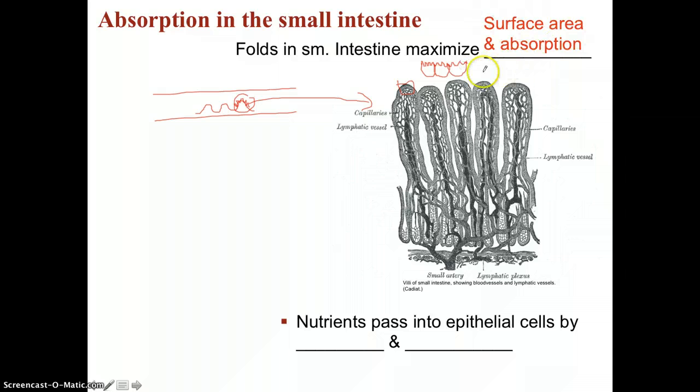The whole point of all of these folds, the villi, the microvilli, is to maximize the surface area. And the more surface you have, the more surface over which molecules can be absorbed. This is something that you see a lot of places in biology.